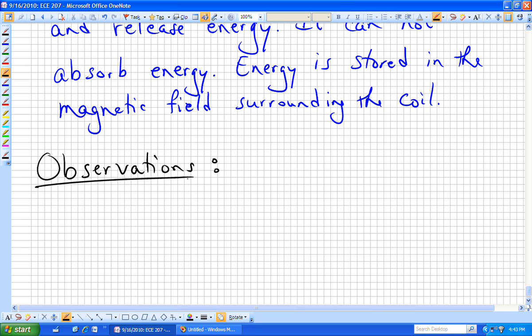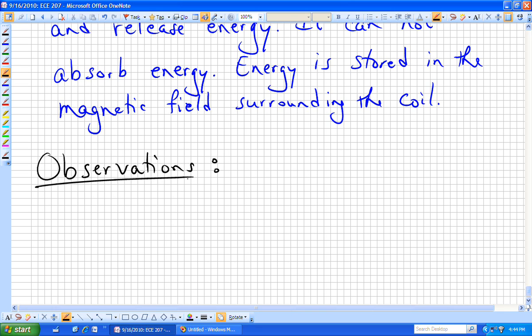We're just worried about this inductor, whose energy is stored in this magnetic field, and so we're building it up and releasing it, building it up and releasing it. What we want to worry about is this current voltage relationship on the inductor, which is V is equal to L di dt.